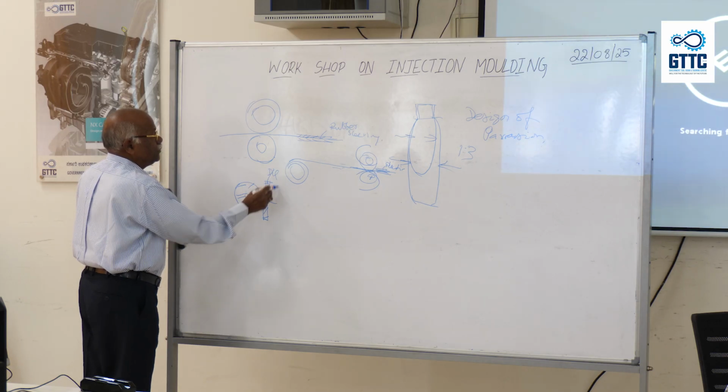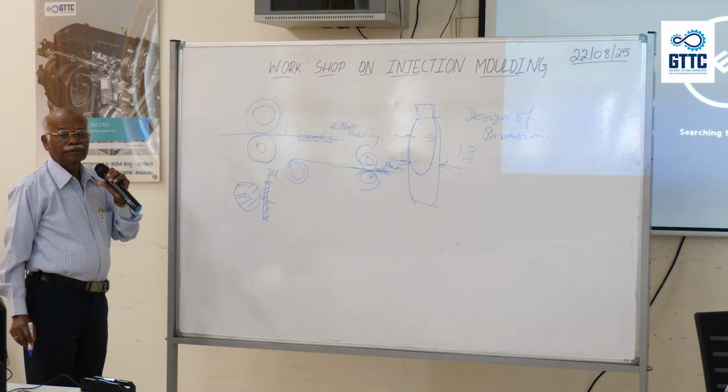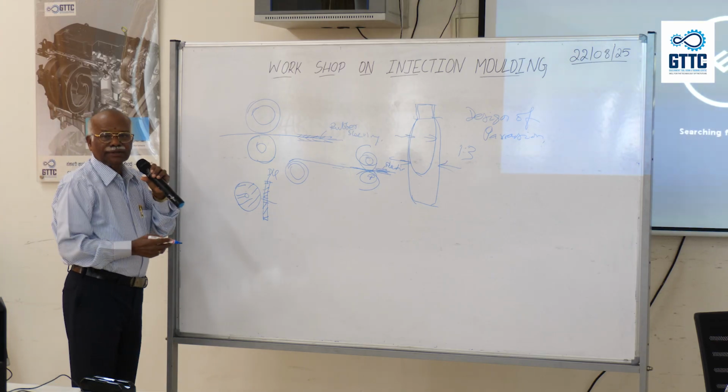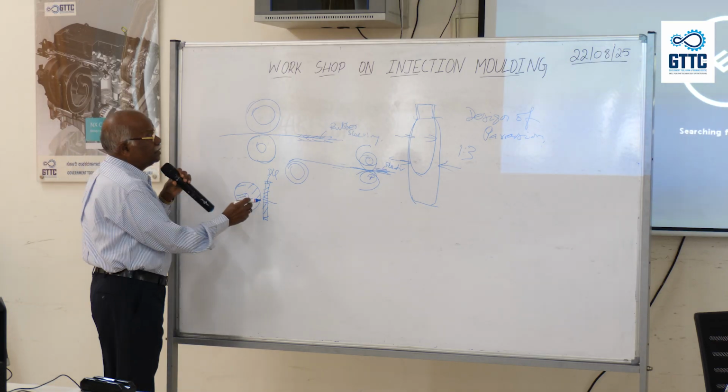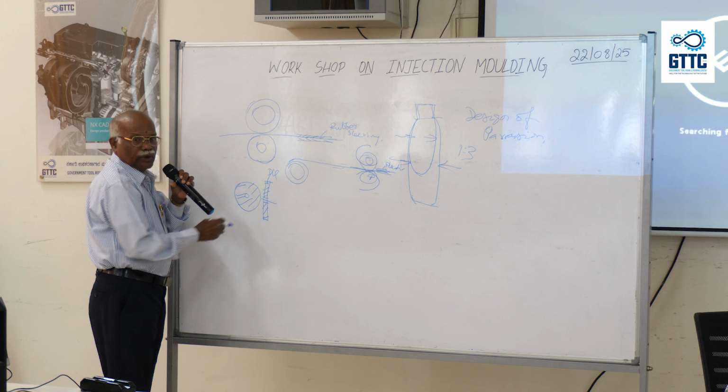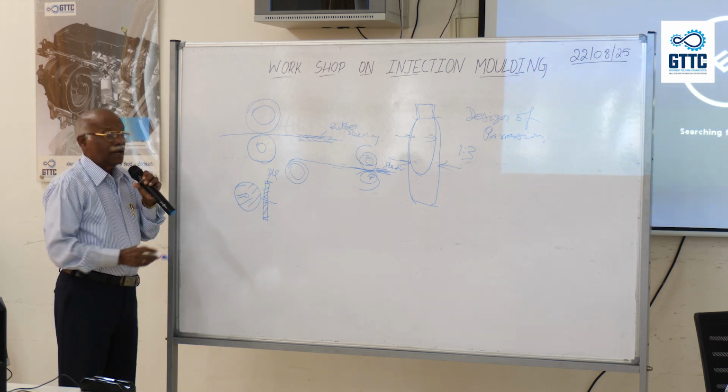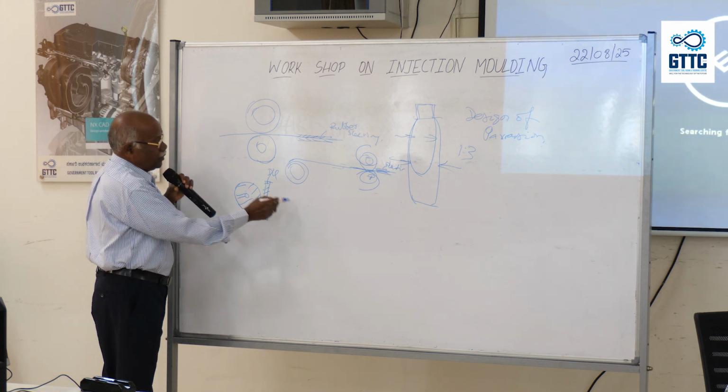The die is very simple, something like a flange die. Inside, a hole equal to the diameter of the wire is made, and through that the material will flow.